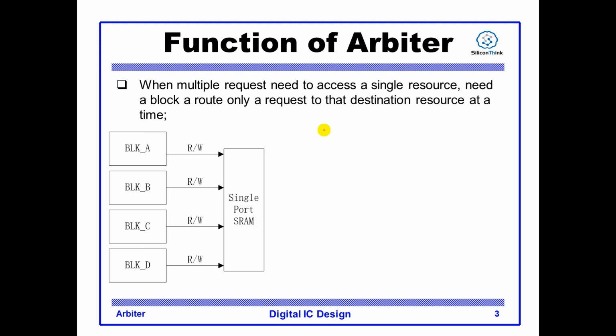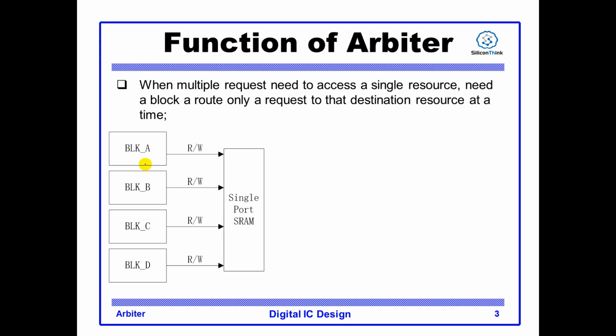So let's see what the function of an arbiter is. An arbiter is used only when multiple requests need to access a single resource. In this situation, you need a block to route only one request to the destination resource at a time.